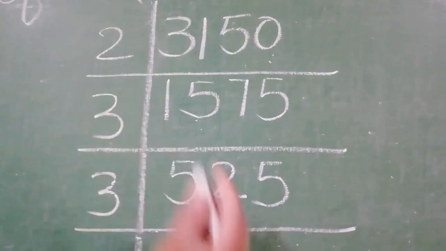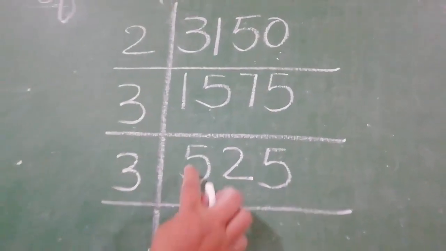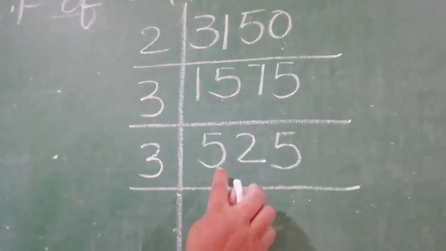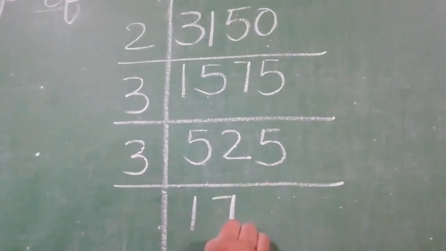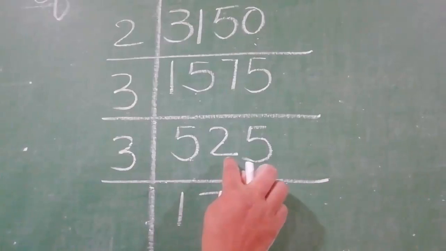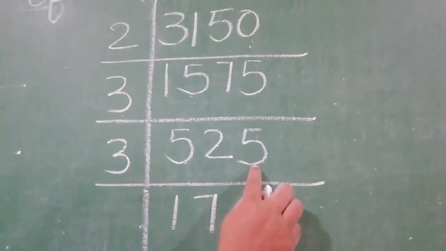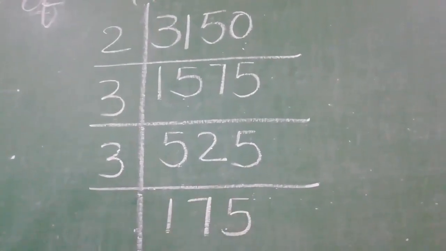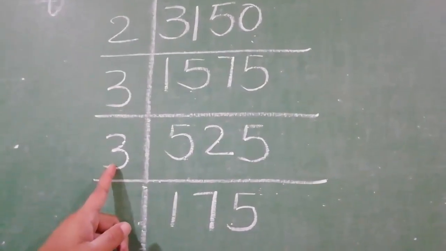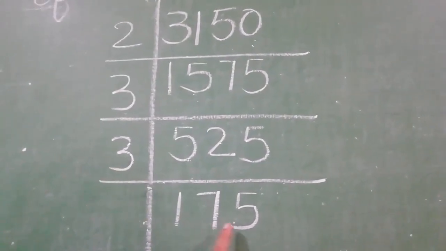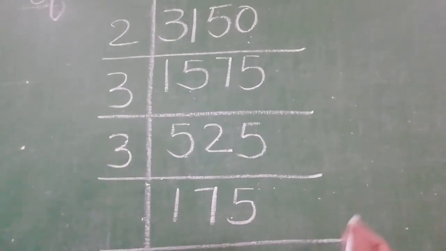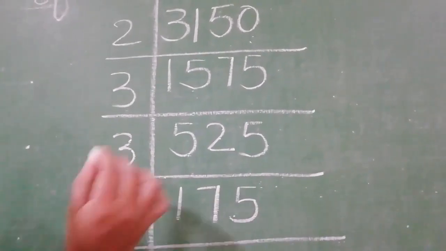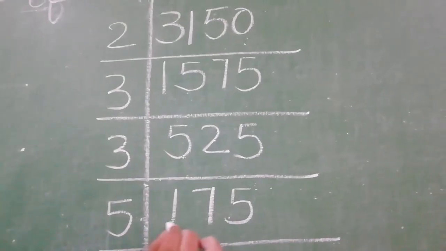How many times? 3 ones are 3. 5 minus 3, 2. 2 2, 22. 3 sevens are 21. 22 minus 21, 1. 1 5, 15. 3 fives are 15. Is this number divisible by 3 again? Check: 1 plus 7, 8. 8 plus 5, 13. 13 is not divisible by 3. Take the next prime number, that is 5. 5 divided by 1 is not possible.